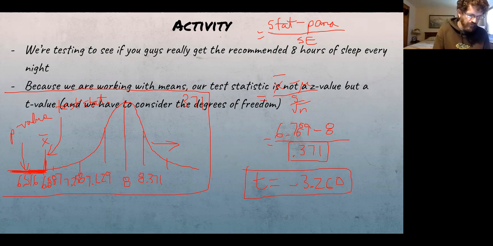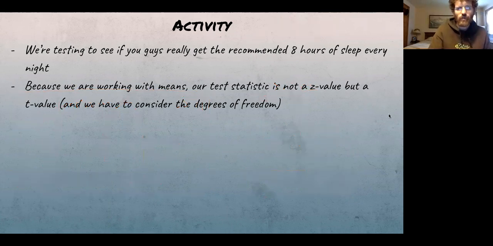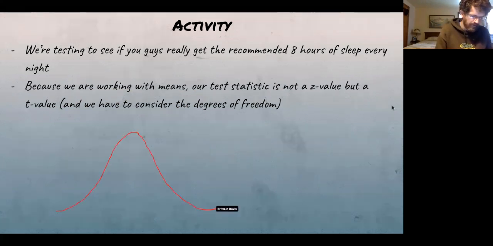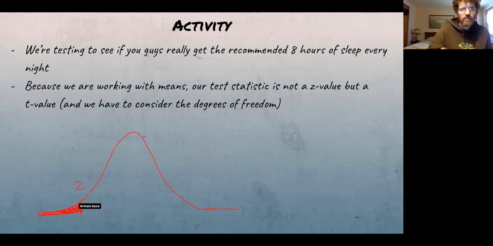It's not as straightforward as just a normal CDF calculation, because what we would have done for the z-test for proportions, I just said, oh, here's my test statistic right here, and I'll just do normal CDF with this as my bounds, right? But it's not that straightforward. It's not much more complicated, but it's not as straightforward.